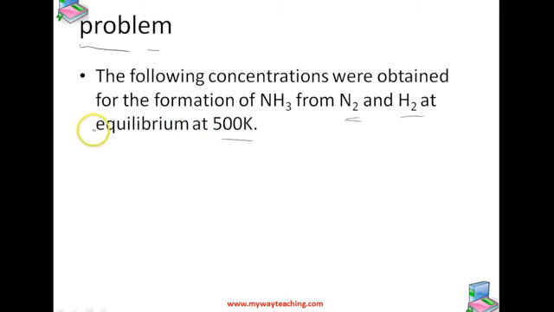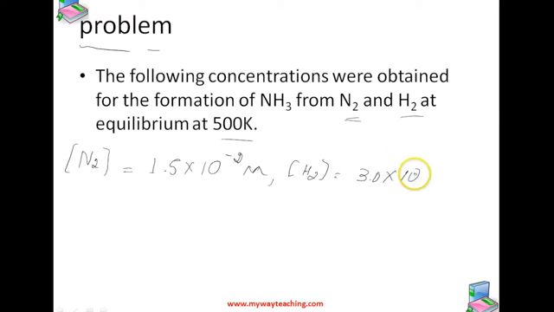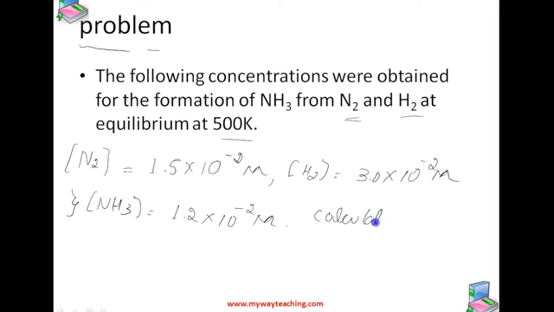Dinitrogen is equal to 1.5 into 10 raised to minus 2 mole, dihydrogen is equal to 3.0 into 10 raised to minus 2 mole, and ammonia is equal to 1.2 into 10 raised to minus 2 mole. Calculate the equilibrium constant. You know the formula for the equilibrium constant.